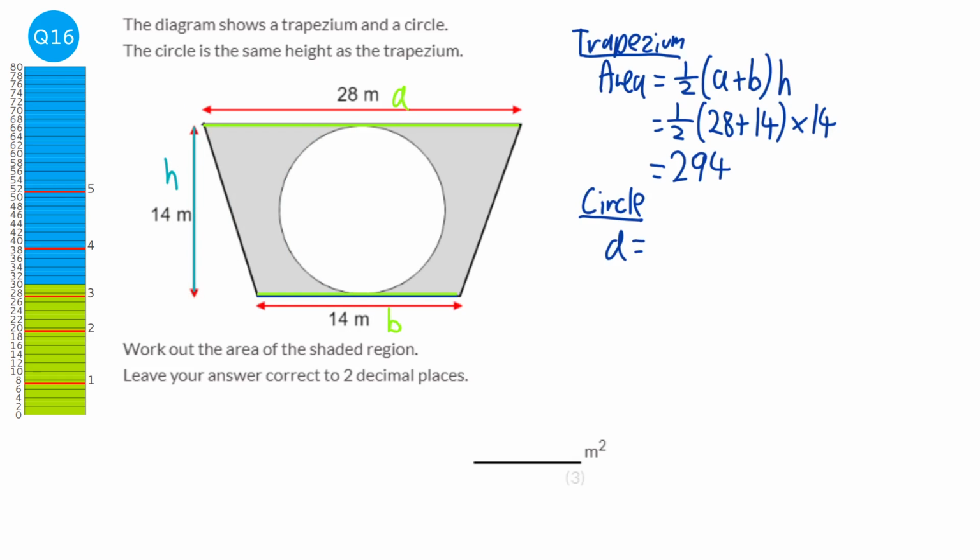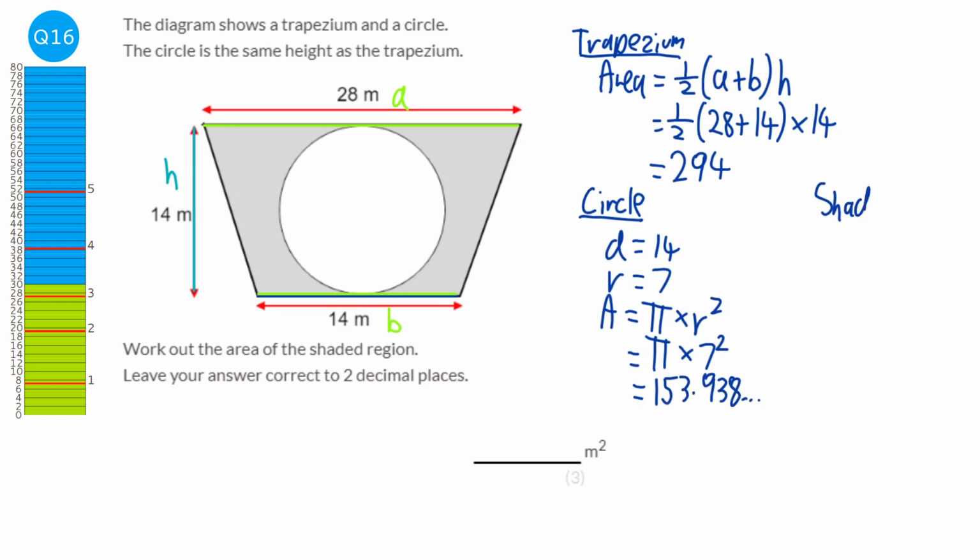So the diameter of the circle is 14, therefore the radius would be half of that, which is 7, and the area of a circle is pi times the radius squared. So it would be pi times 7 squared, which will be 153.938 and so on.